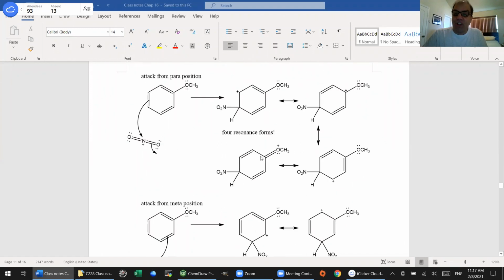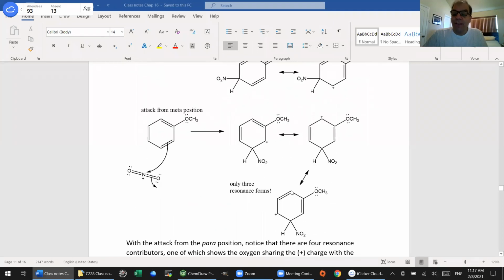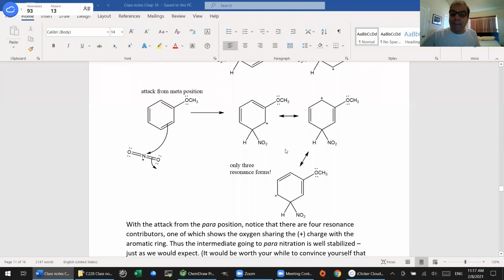And again, this is all already in your class notes. I've given you all of these structures already. So the idea is somewhat subtle, but I think it's one you can handle. The reason we prefer attack from the para position with an ortho-para directing group is because we get an intermediate that's more stabilized as compared to when we attack from the meta position.